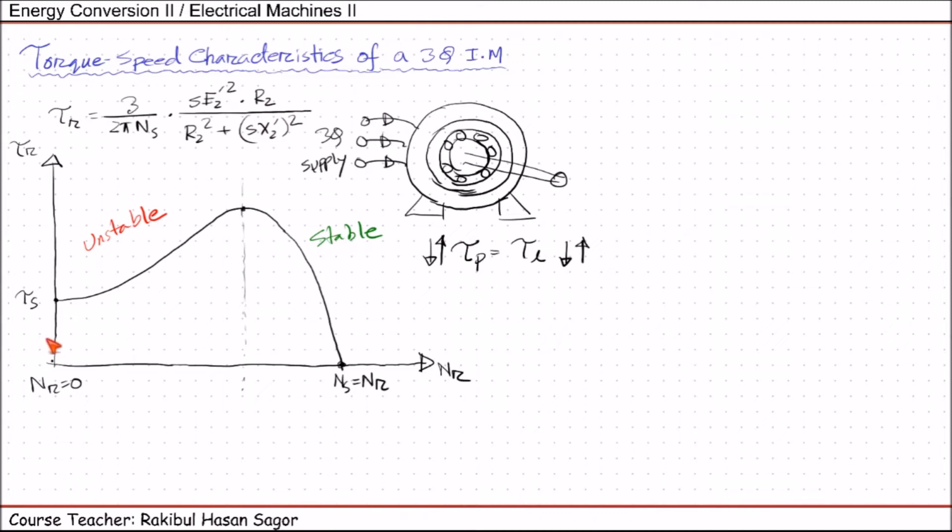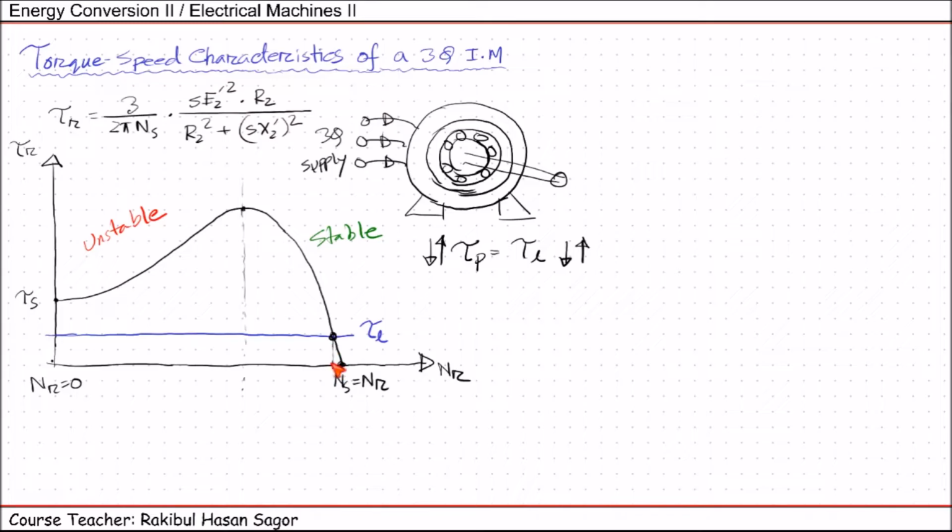Now if we plot the load torque line, for example we are plotting load torque line here, and this is tau L. The operating point will be at the intersection point of these two. That means motor will produce exactly same amount of torque equal to the load torque. So this will be the intersection point. And the corresponding speed will be this.